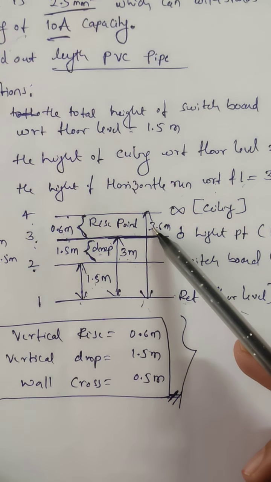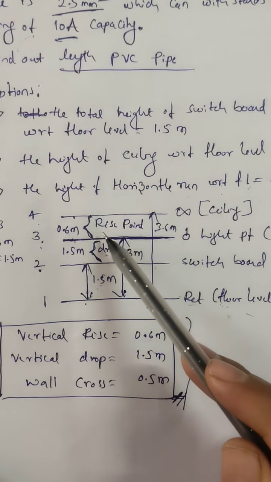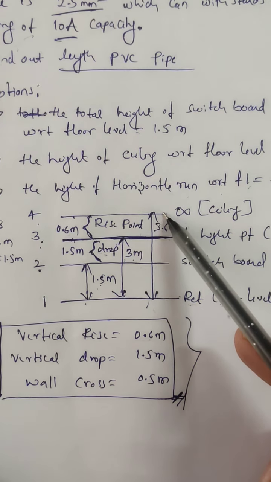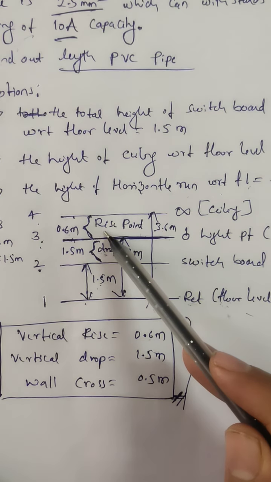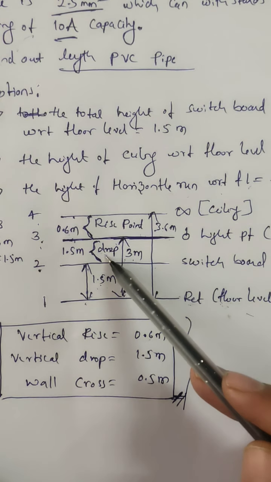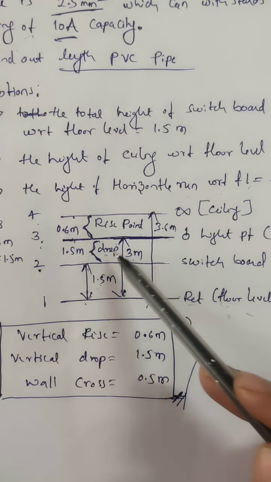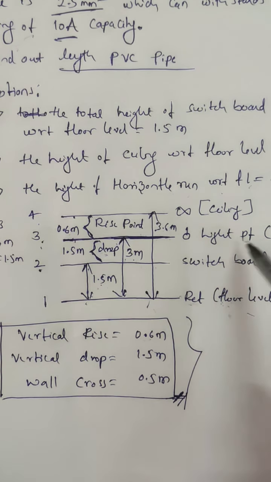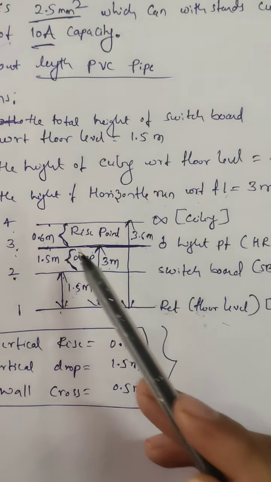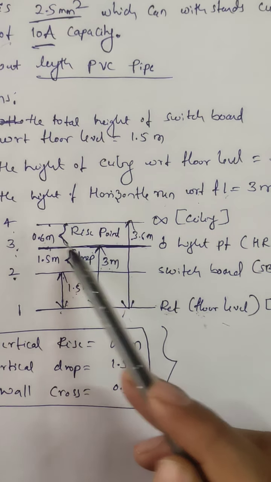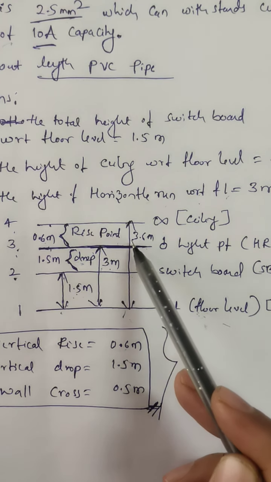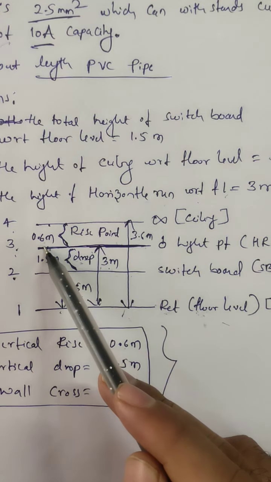So now what is the vertical rise point? With reference to the lighting point and ceiling, the difference between the light and ceiling is called vertical rise. The cable running from lighting to switchboard is called vertical drop. The horizontal run is also called HR. So the difference of lighting and ceiling is 3.6 meter minus 3 meter, so you will get 0.6 meter.